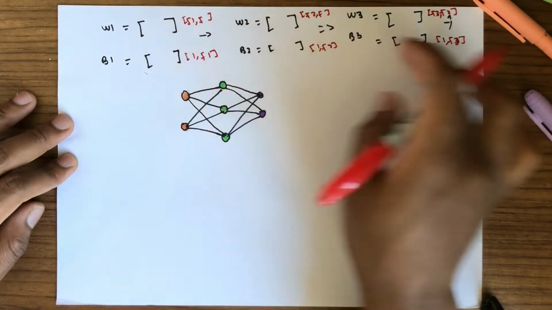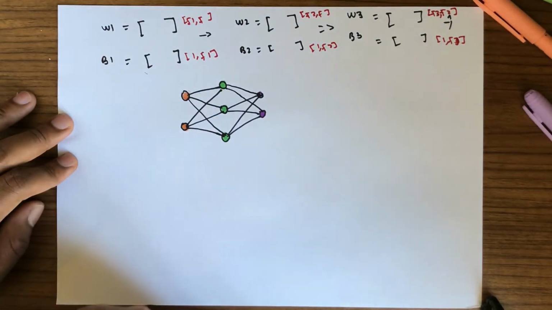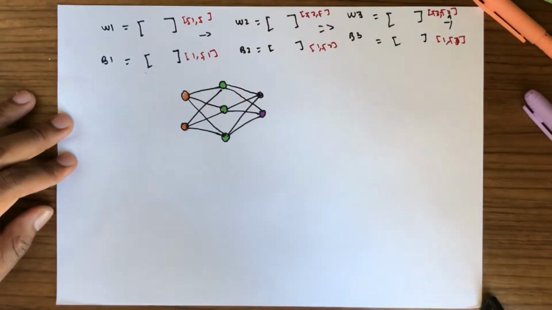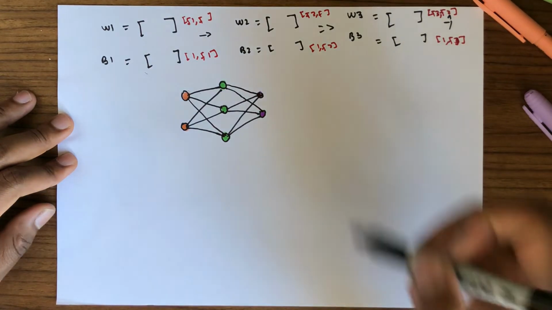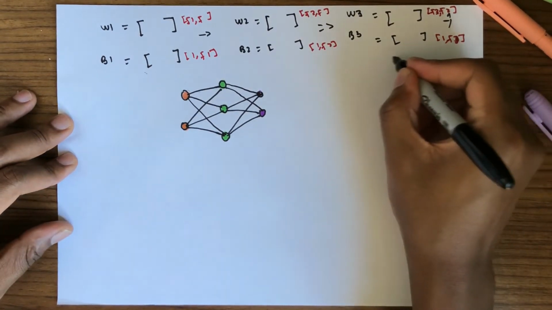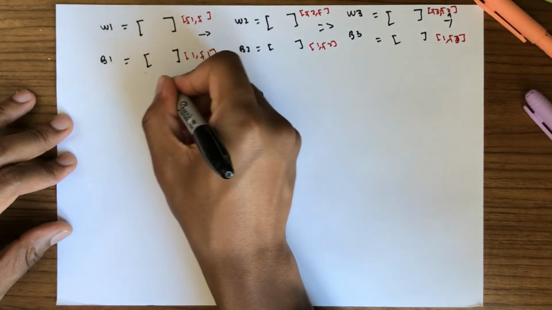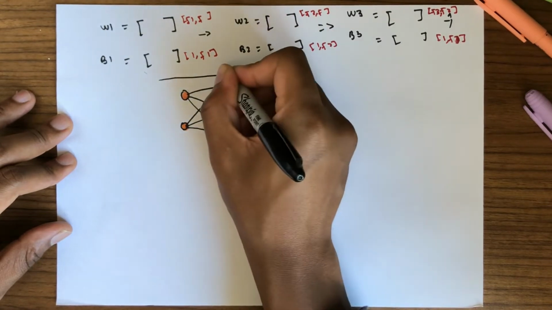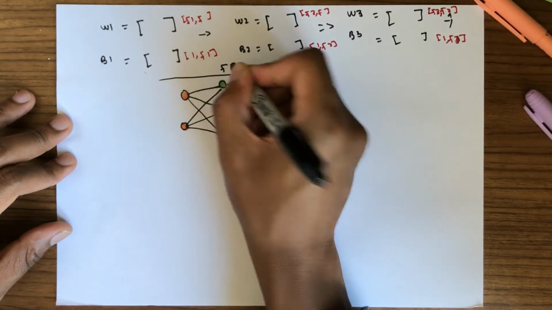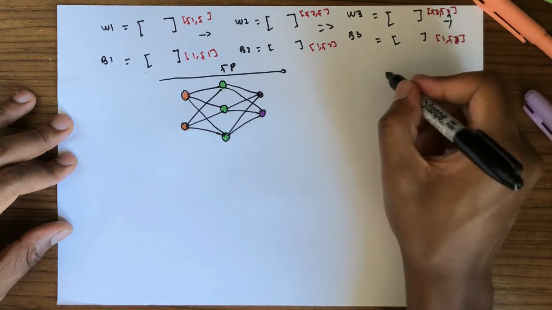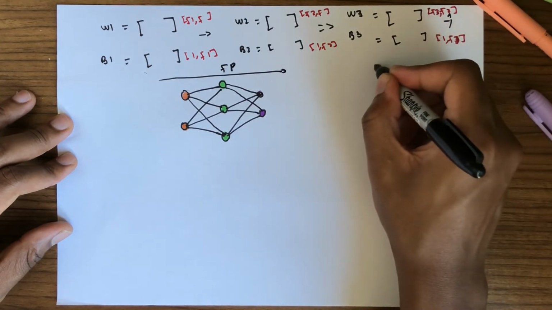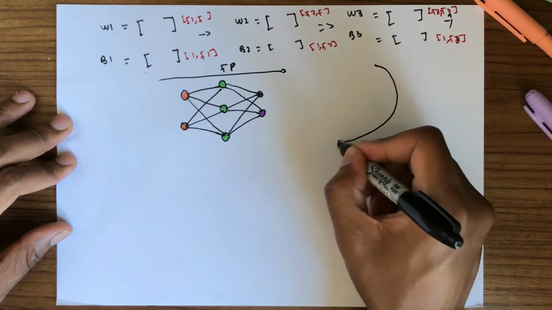and this is what we saw in the first video. This is forward propagation, FP. In the second video we saw backpropagation.